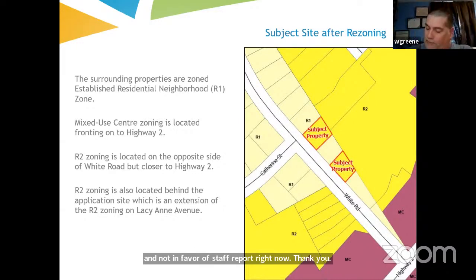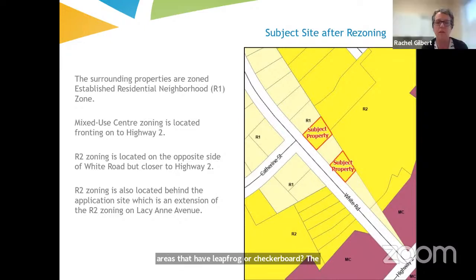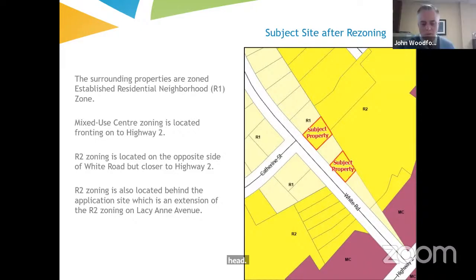Deputy Warden Mitchell. Yes, thank you, Mr. Chair. Through you to staff, are there any other areas that have leapfrogging or checkerboard at present? Through you, Mr. Chair, I can't think of any off the top of my head. I don't know if the director can think of any. Through you, Mr. Chair.